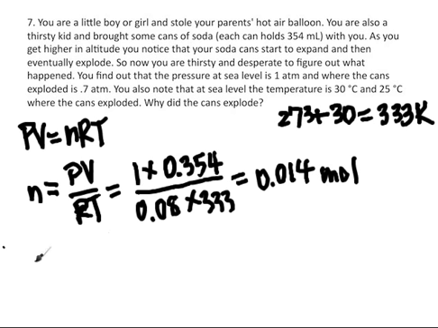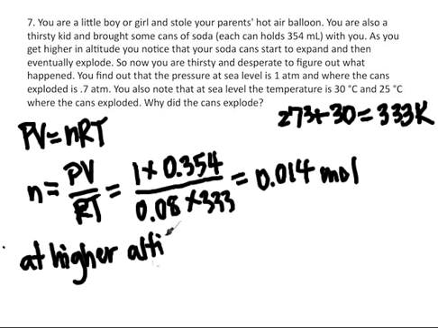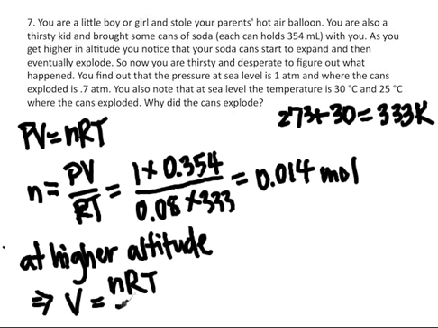Now we can determine what the volume was at the higher altitude. At higher altitude, to determine the volume, we can do nRT over P. The number of moles is constant, times 0.08.